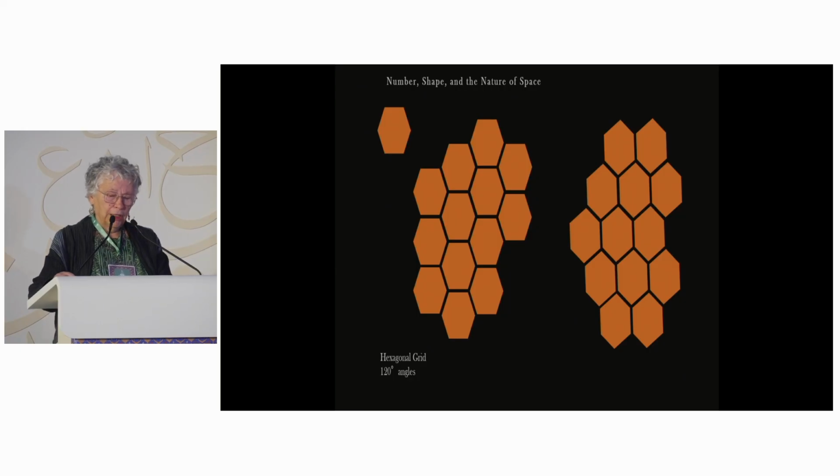So this is what I mean, briefly, when I say number, shape, and the nature of space, referring to 2-dimensional space. 2 more quick examples before we move on show the unit as a hexagon, repeated on edge on the left and on point on the right, demonstrating how spatial relationships shift as the pattern is formed.